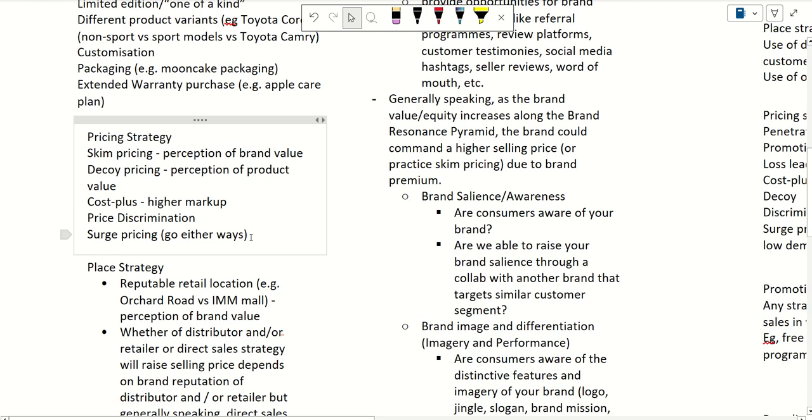Surge pricing can go either way, right? It's based on demand. The difference between cost plus and surge pricing is that cost plus doesn't take into account the consumer's willingness to pay, whereas surge pricing is driven by real-time consumer demand.